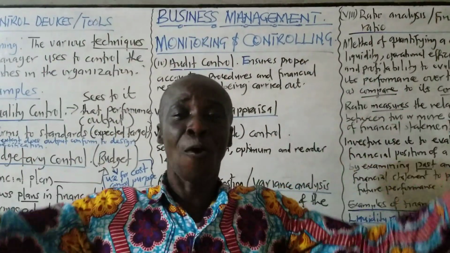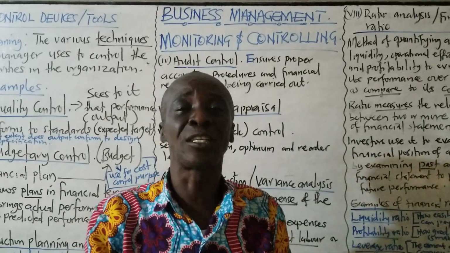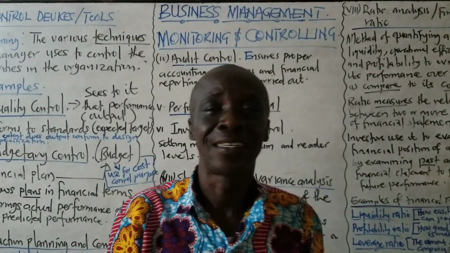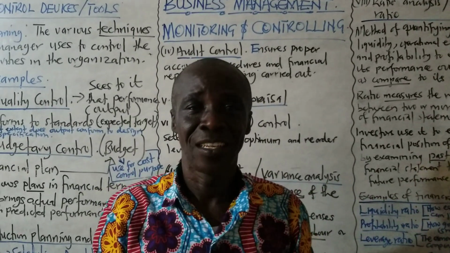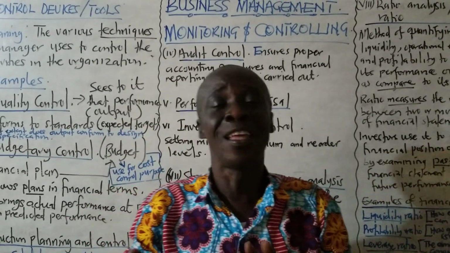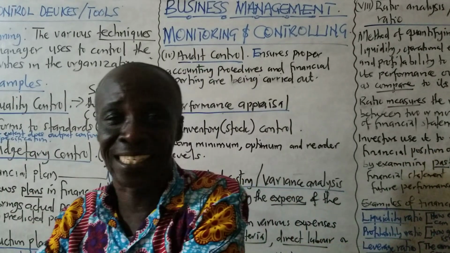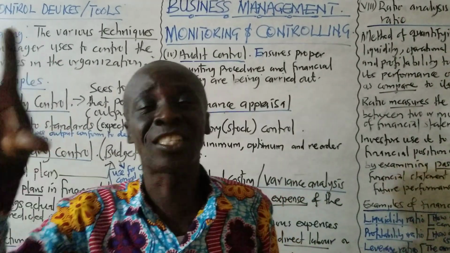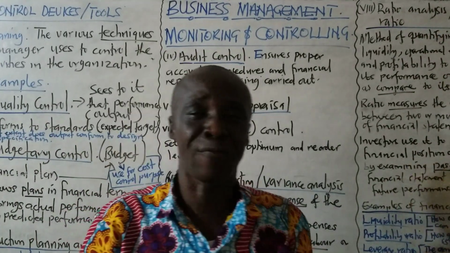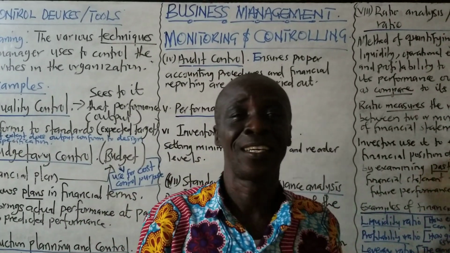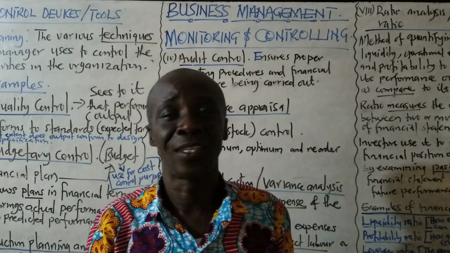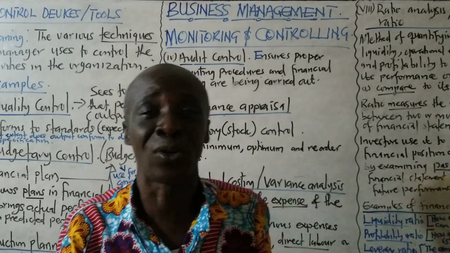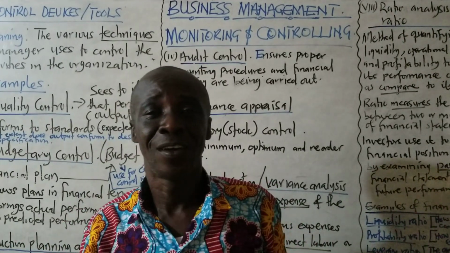So my performance in its totality will be measured against the set standard, so that if there is any weakness in respect of my performance, it will be detected. If there is any strength in respect of my performance, it will also be detected. So at the end of the day, I'll be scored. Maybe on punctuality, I may be scored 5 out of 5.